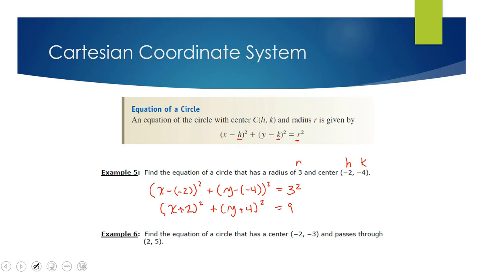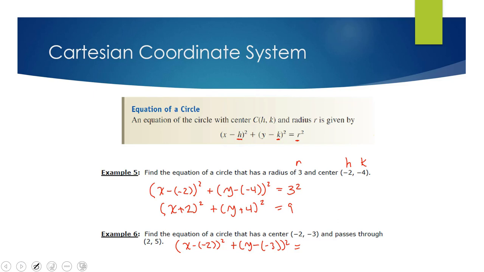The equation of the circle has a center at negative 2, negative 3, and passes through 2, 5. So if I start filling in the information, I have x minus negative 2 squared plus y minus negative 3 squared equals, well, I'm looking for the radius. Well, they don't tell us what the radius is.